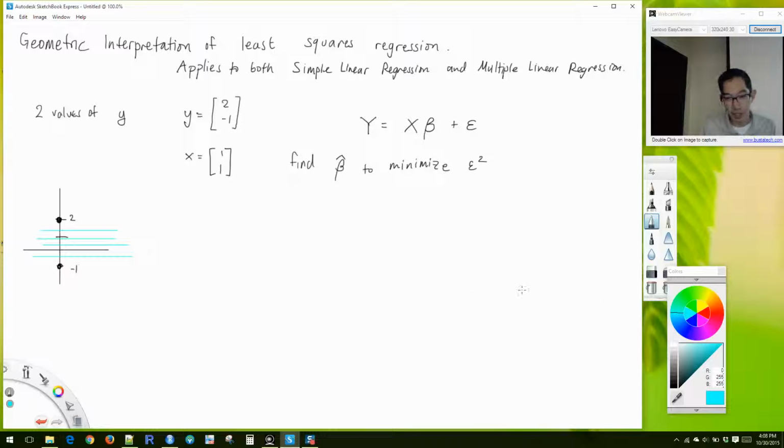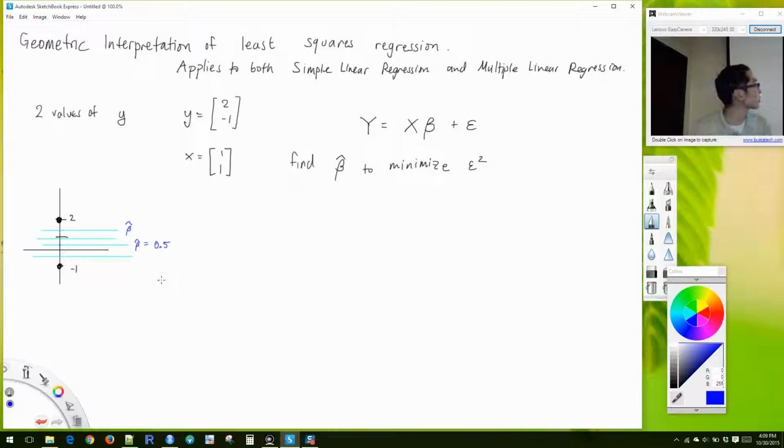We want to pick the beta hat so that the squared residuals are minimized. So what is the value we're going to pick here? Yeah, halfway through, right? So it's going to be right here where beta hat is equal to 0.5.